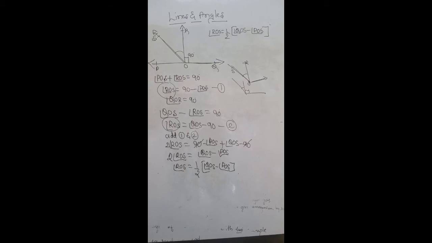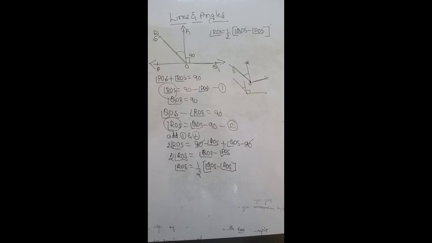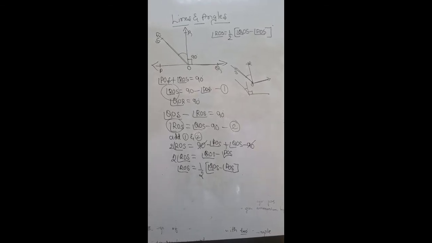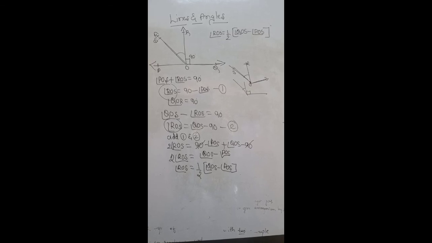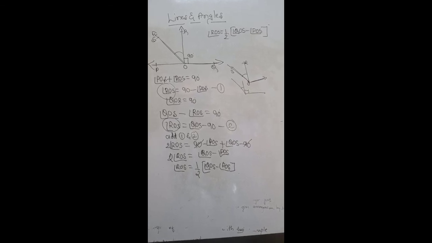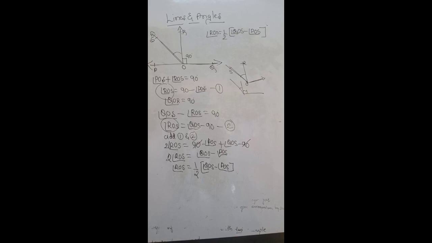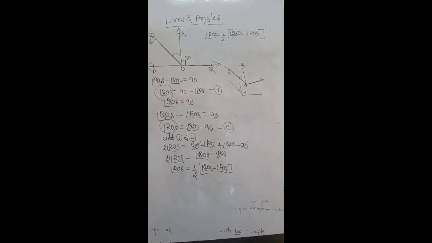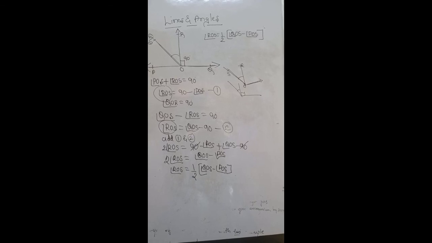That's why in QOS we'll subtract this ROS. We'll get 90, and rewriting to get ROS, ROS equals QOS minus 90. Then adding 1 and 2, ROS plus ROS, 2 ROS equals, adding both. What will we get? Lastly, ROS equals half into QOS minus POS.